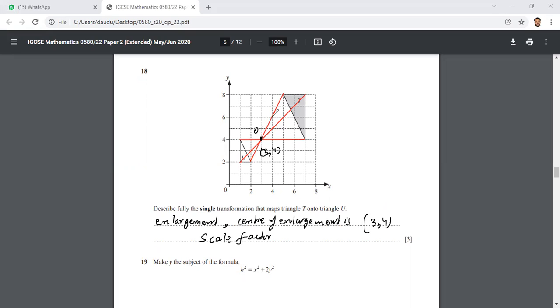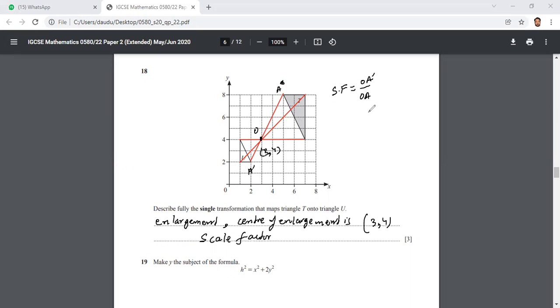So let's suppose this is center O. This is OA because this is the original shape, and the same corner we are looking at down here, that is A dash. So basically, the formula to find the scale factor is OA dash over OA. Center to enlarged, divided by center to object.